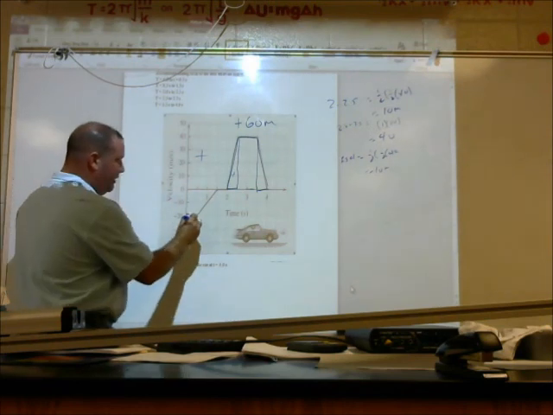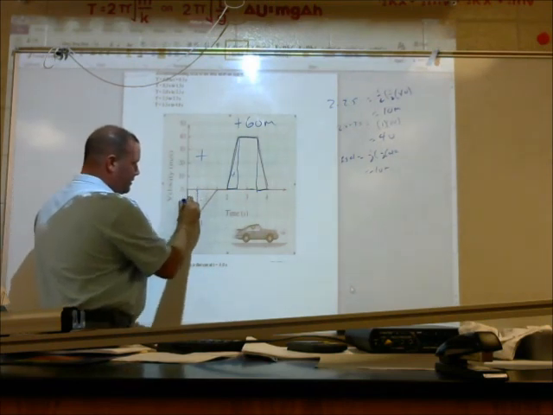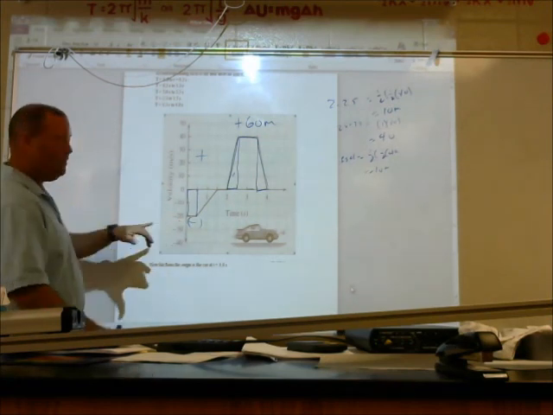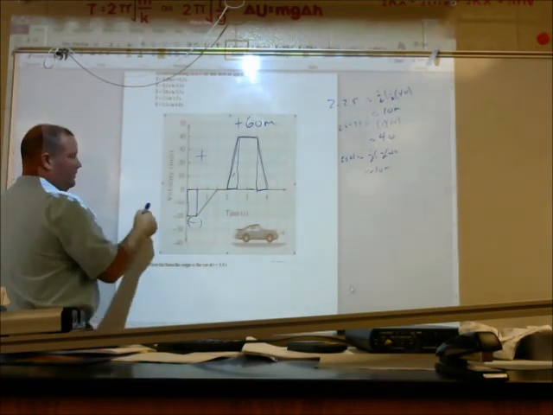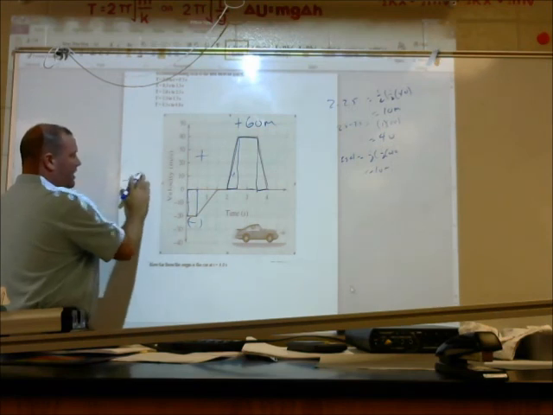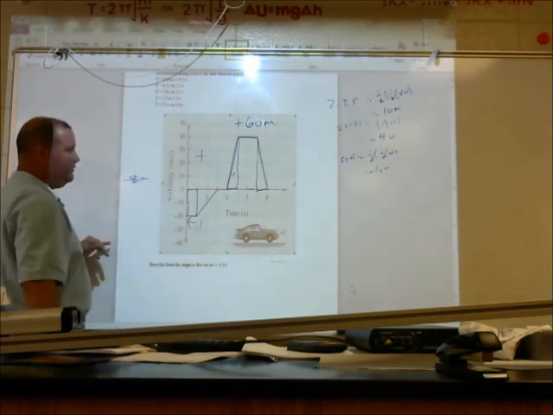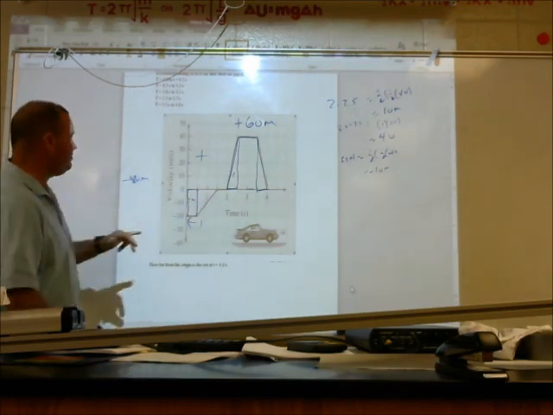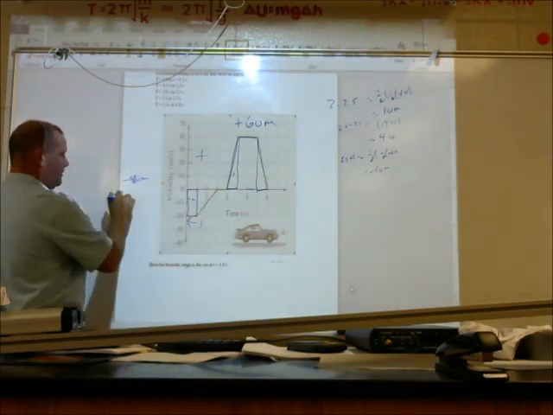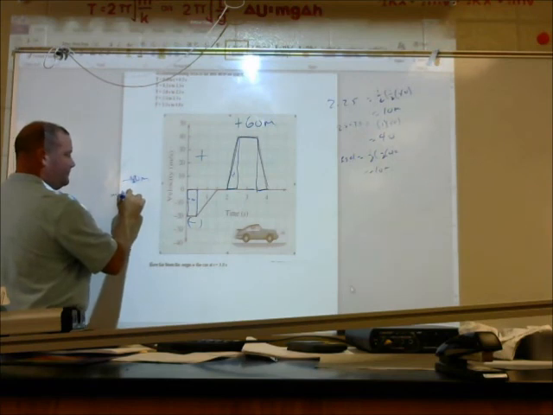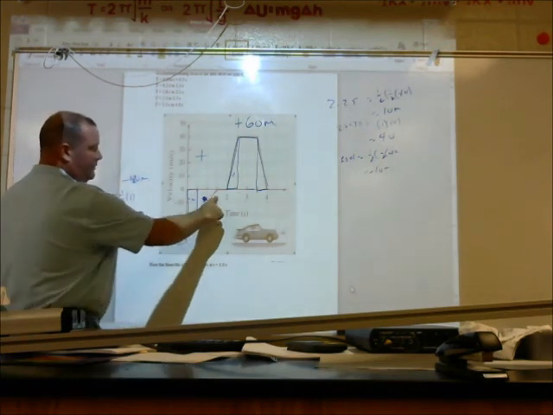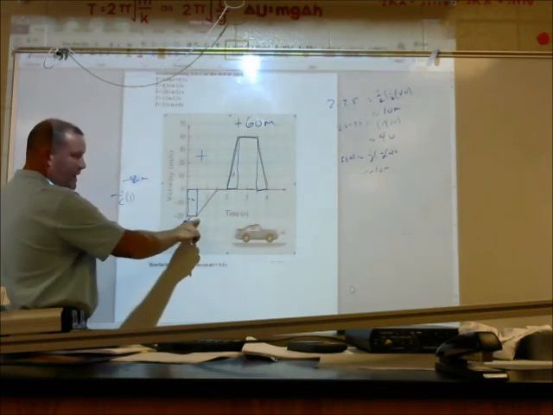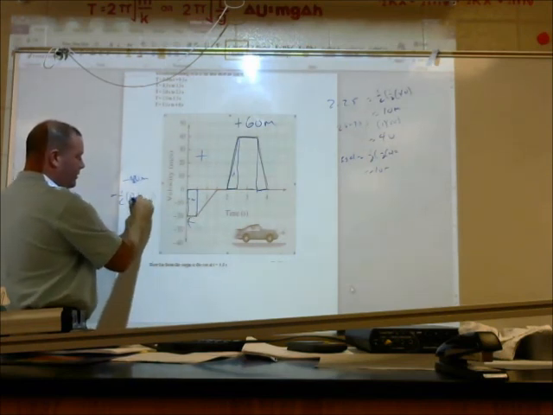Can I find this area? It's half the second times 20. Negative. All right, so negative 10 meters here. Then this one is half of a second, and my change in velocity, or my height, is negative 20.